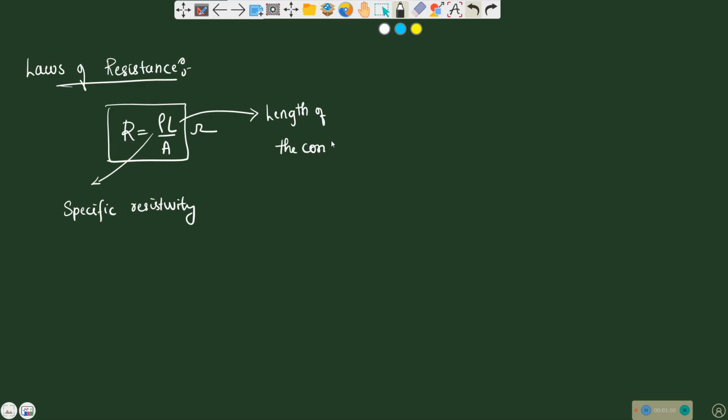Next, it also depends upon the cross sectional area of the conductor. So these are the laws of resistance.